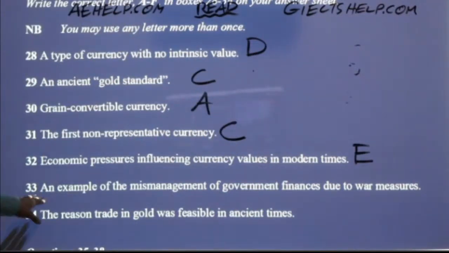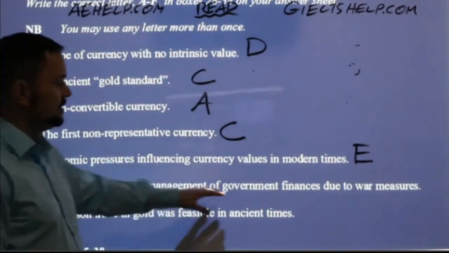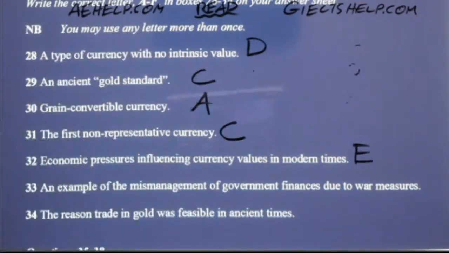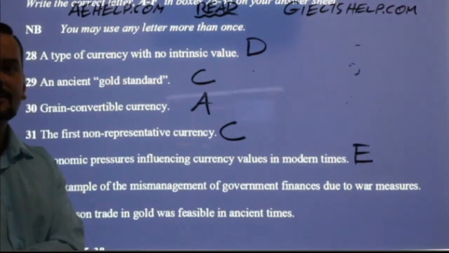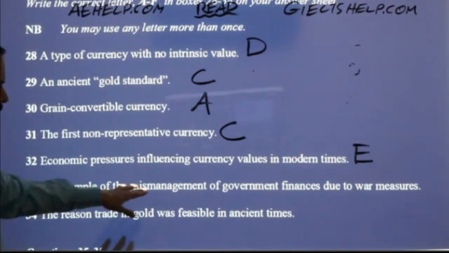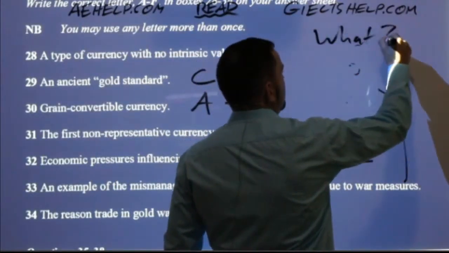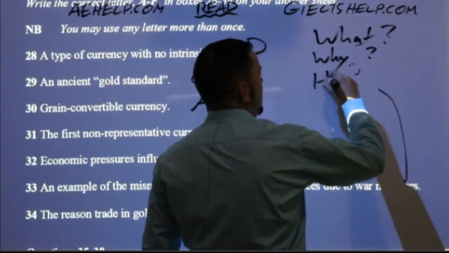Number 33, an example of the mismanagement of government finances due to war measures. Which one was that? Rajveer says D. Ferdovs says C. Maybe C. Okay, so this one here, does it answer a what, a why, or a how?